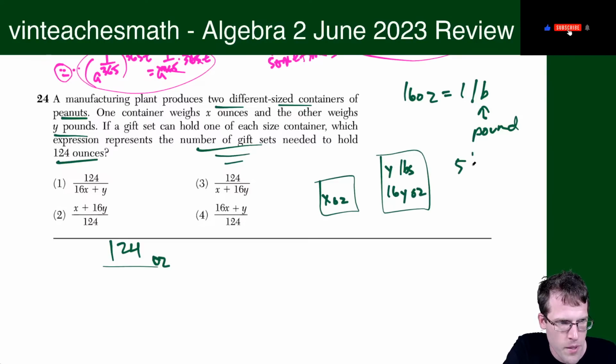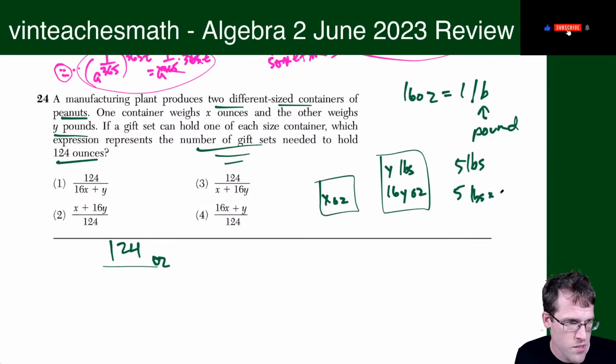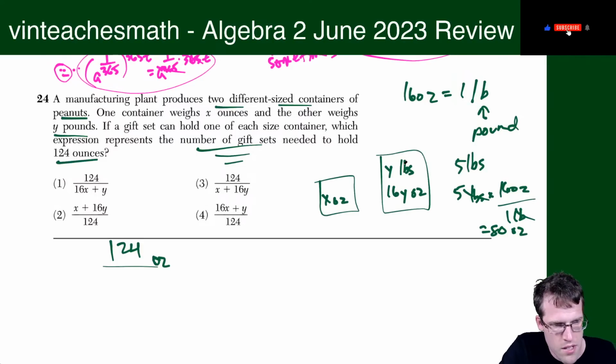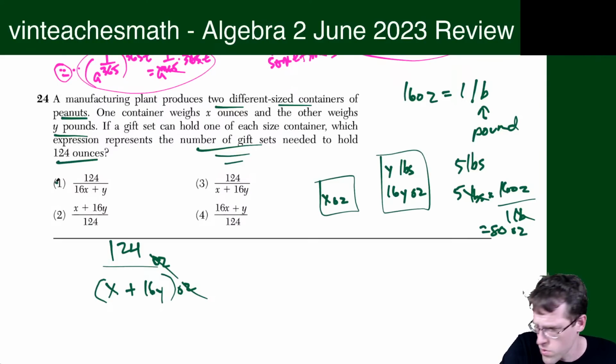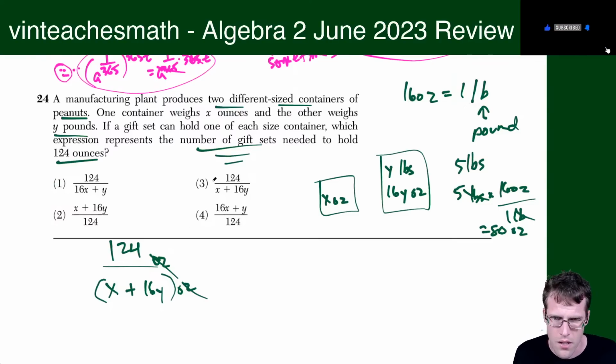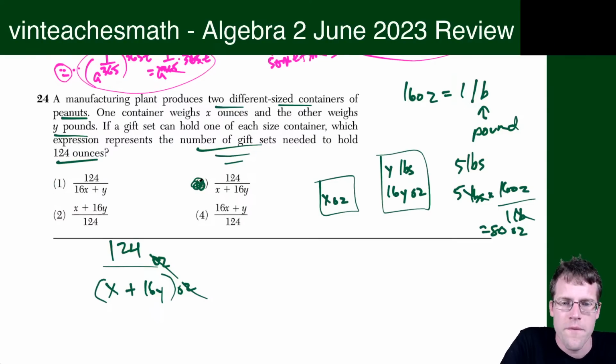Just imagine if I had 5 pounds, that's 5 times, or I could say it like this if I really want to be fancy: 5 pounds times 16 ounces over 1 pound gives me 80 ounces. Okay, but just multiply the number of pounds by 16. That'll give you ounces. So 124 ounces divided by X ounces plus 16 Y ounces. And then units cancel. And it is going to work out to choice 1? No, choice 2. Yeah, the 16 was attached to the Y, not the X. Cool. All right, choice 3.